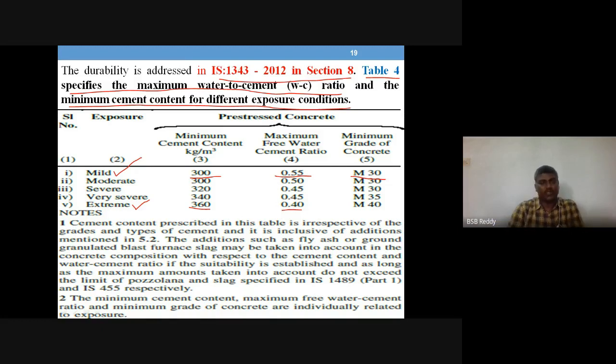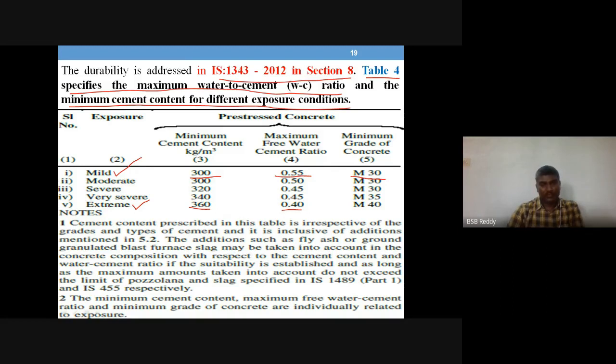There are 5 such exposure conditions which are given in detail in the IS code. What does mild mean? What does moderate exposure mean? What does severe mean? What does very severe mean? Extreme conditions. All these are given in detail there. So refer to the IS code for this information.